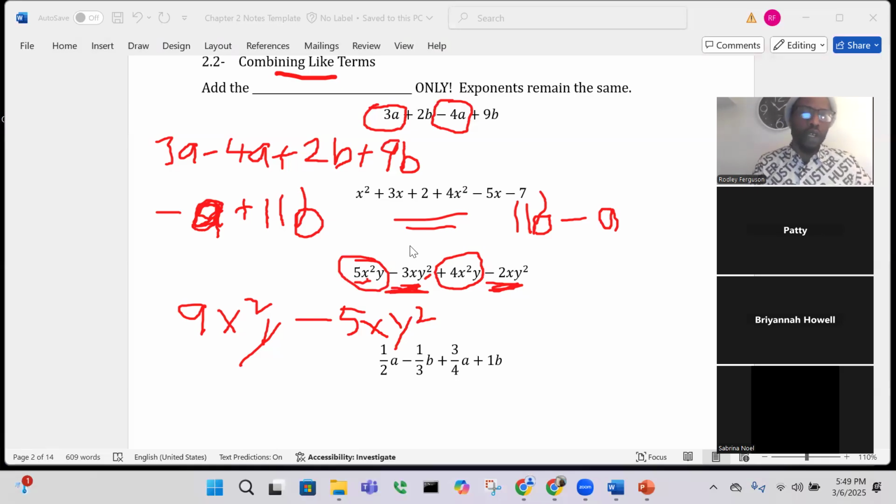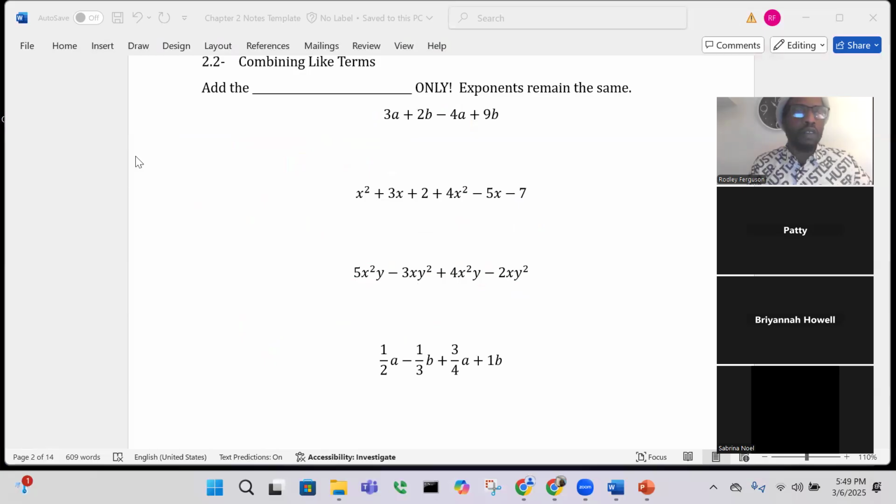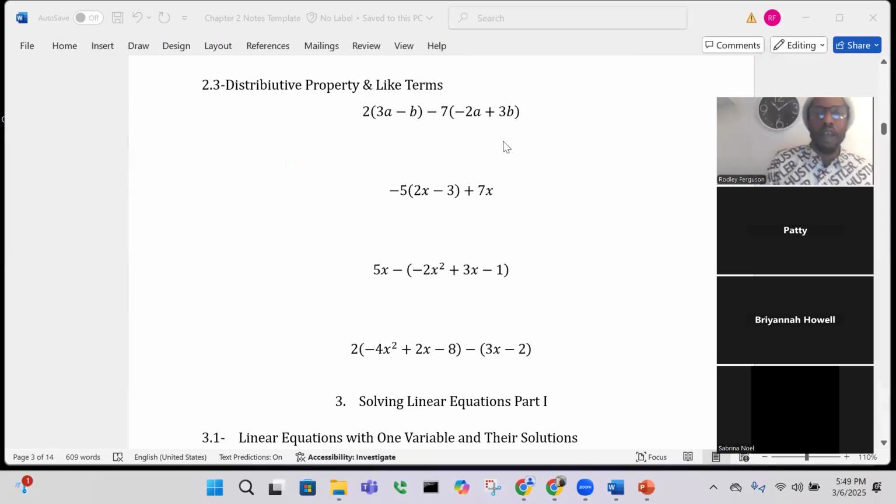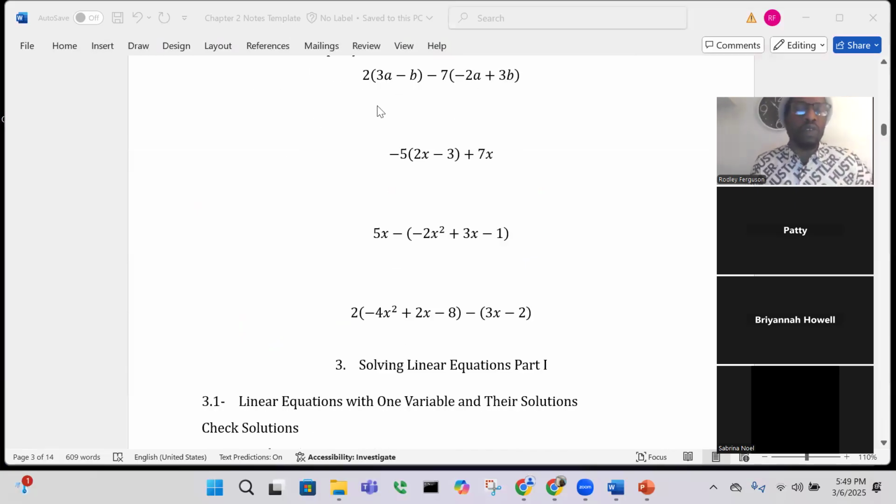So those are 2 questions from the quiz. Next, this is the hard one. No, not really, but this is the one that's on the quiz also, the one on top. This is a combination of both. So you have to use the distributive property and then combine like terms. So you're doing both steps.